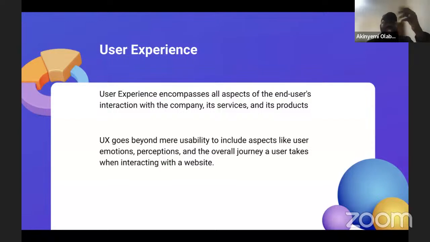It includes aspects like the user's emotion, perception, and the overall journey a user takes when interacting on a website. So in short, usability is how usable a product is, while user experience is the entire experience a user might have on a digital platform.